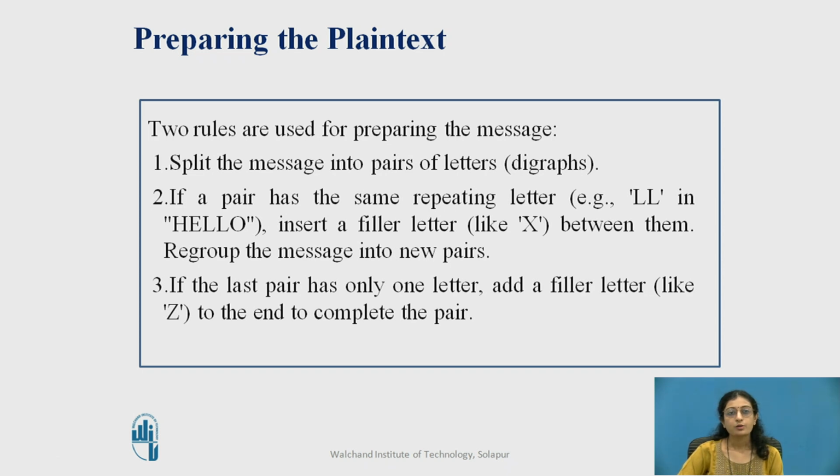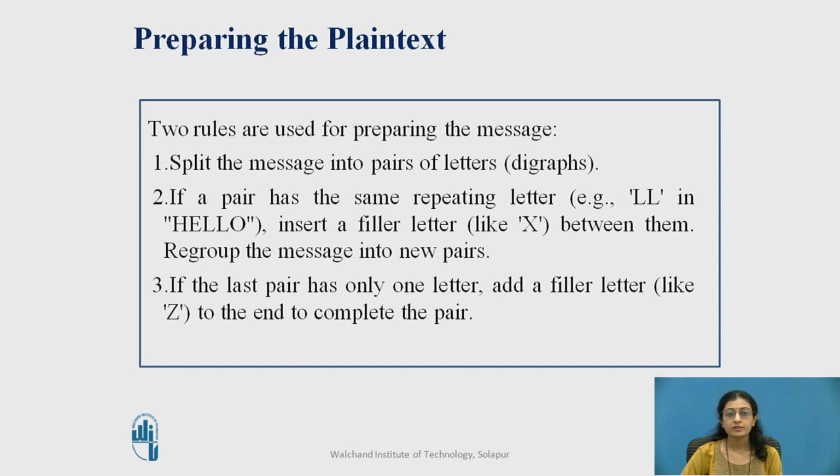Now let's see how to prepare the plain text. There are two rules used for preparing the message. The first rule says we have to split the message into pairs of letters, that is, we have to create the digraphs. If a pair has the same repeating letters, for example, if we take the word hello and we split it into digraphs, then the second digraph will be two L's.